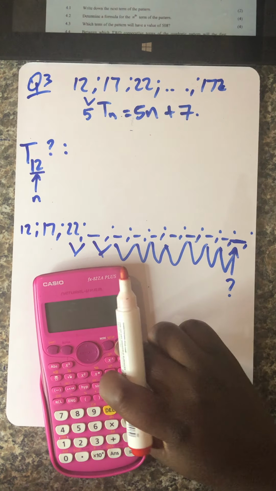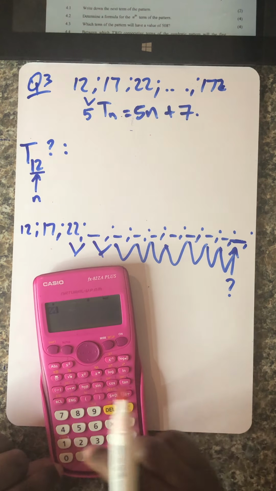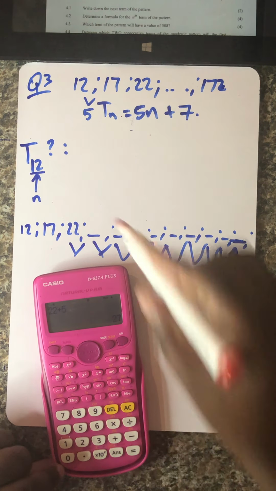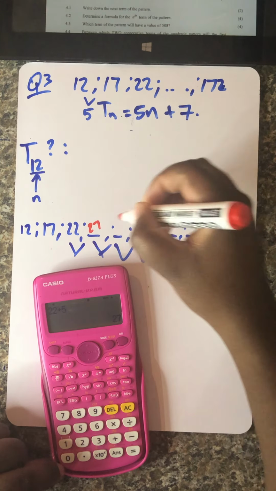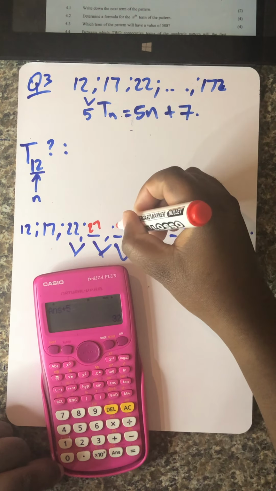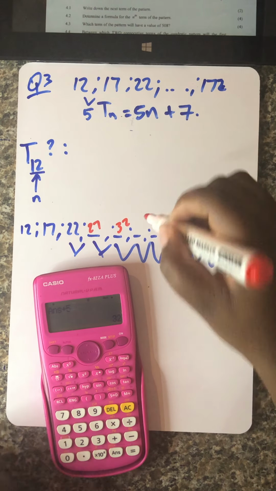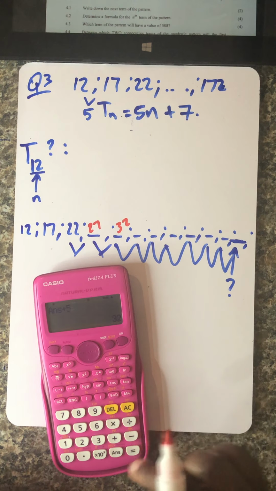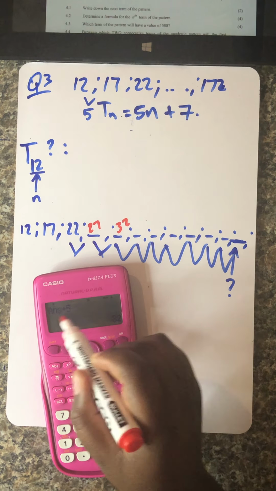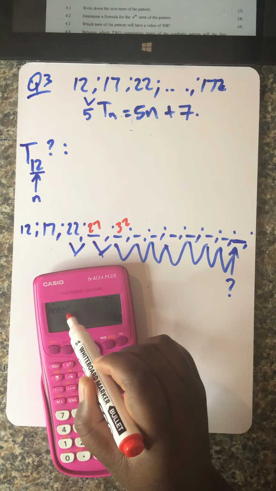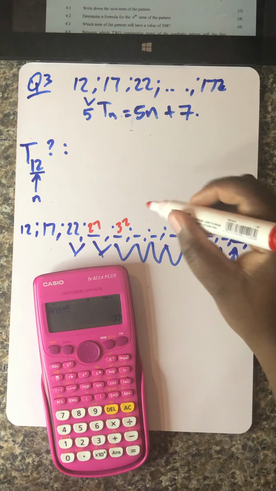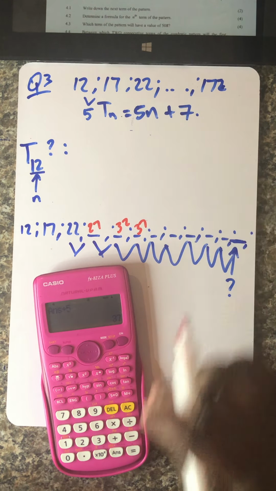So guys, let's see. We've got 22, you just plus 5, okay? Plus 5, we get 27, okay? Plus 5, you get 32. So now you no longer need to just add 5, add 5, add 5. Just press equals, because on the calculator it's answer plus 5, which is 32. If you press equals, then it's added by 5, is 37.